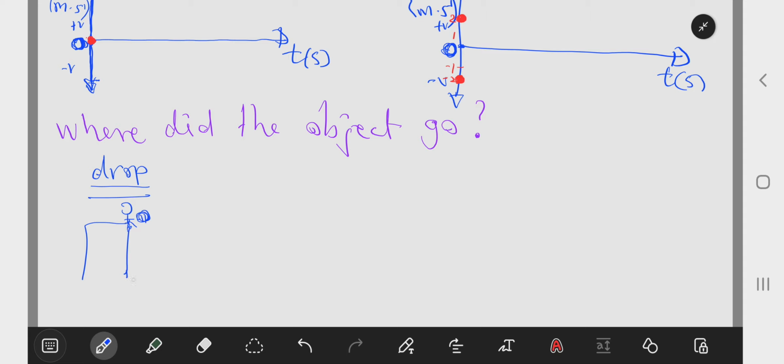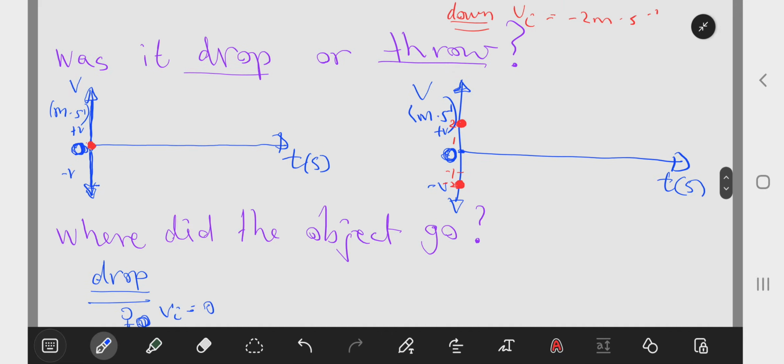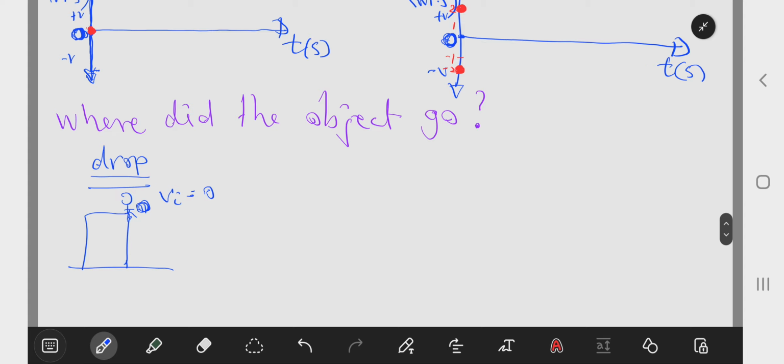And that person is stationary on top of the roof. So if this person drops that ball, that initial velocity is equal to 0, right? And how do we represent that on a graph? We have seen that on the velocity time graph, your initial point would be at the 0 point, right? But now, where did the object go? So after dropping that object, where do you think the object can go?